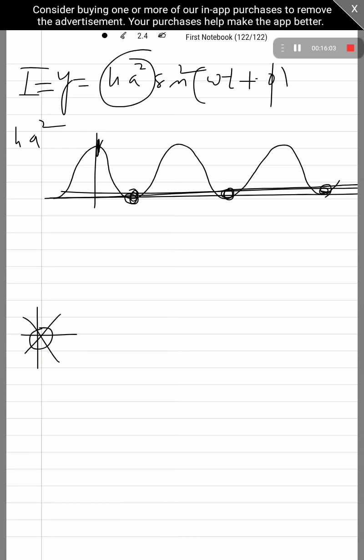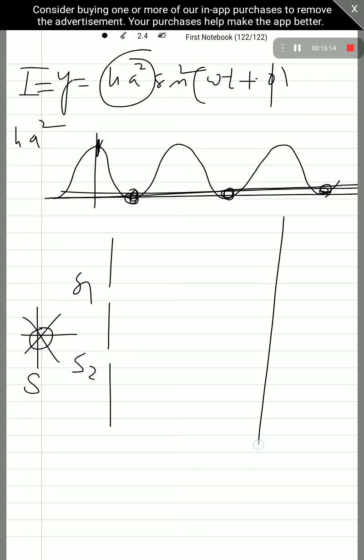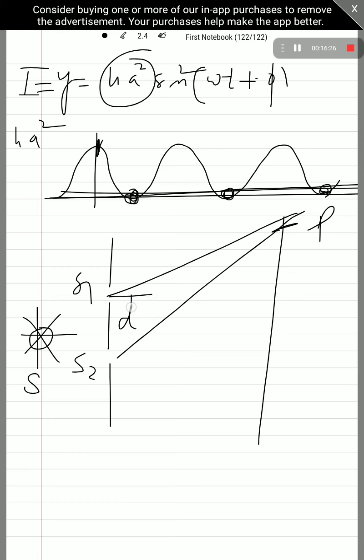So now in Young's double slit experiment, there are two sources S1 and S2, and at any point P on the screen, S1P and S2P give the path difference. Small d is the distance between the two sources, and capital D is the distance between the source and the screen.